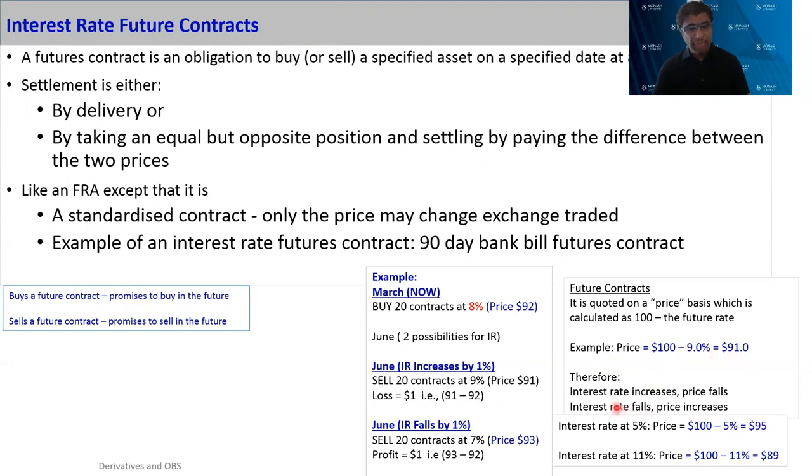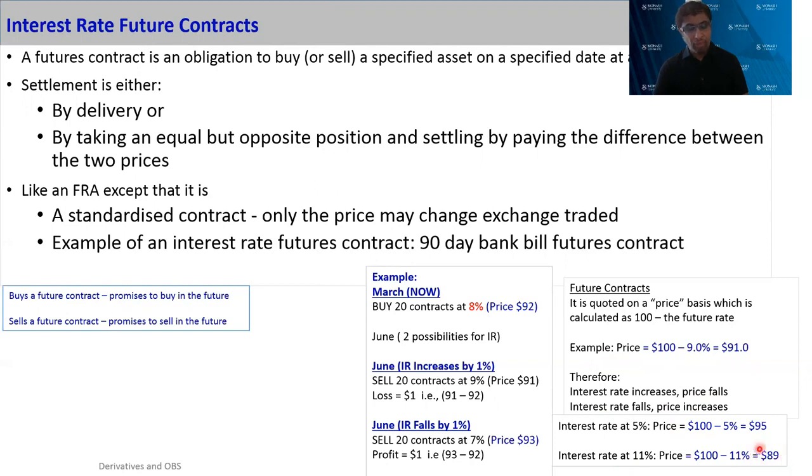Therefore, if the interest rate increases, the price will fall. And if the interest rate falls, the price will increase. So if the interest rate is 5%, it is 95. If the interest rate goes to 11%, the price will be 89. See, the price will go down.